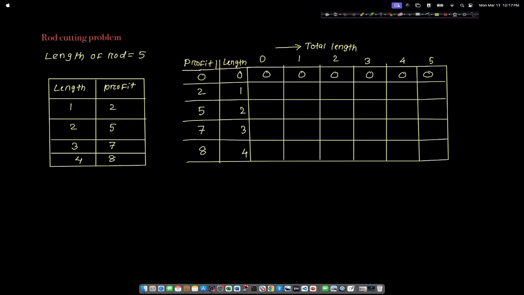If I consider this particular cell, it says that if we cut the rod into a length of 0, there is no profit at all, that's why this profit is 0.